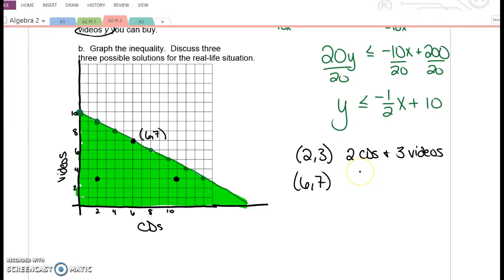So that means I can buy 6 CDs, 7 music videos. The coordinates of this one are 11, 3. I can buy 11 CDs and 3 music videos. So it's just asking you to look at the solutions and think about what do the solutions in the solution range actually represent, because that helps you to connect the equation, the model, the graph, and what it all means.